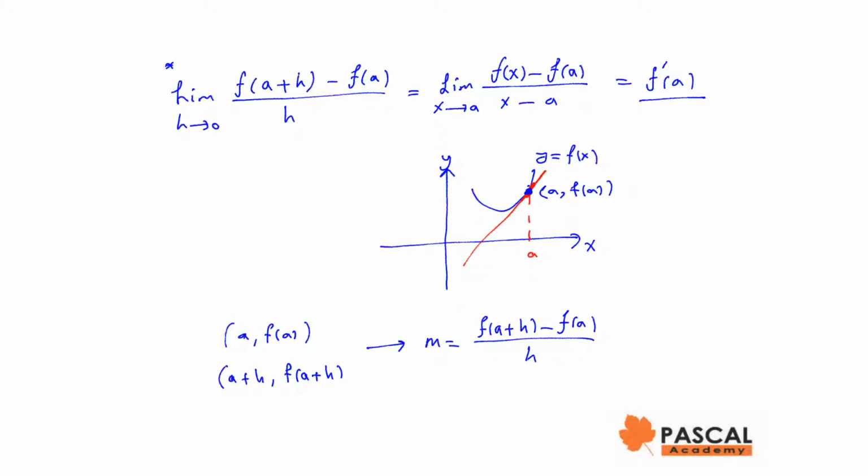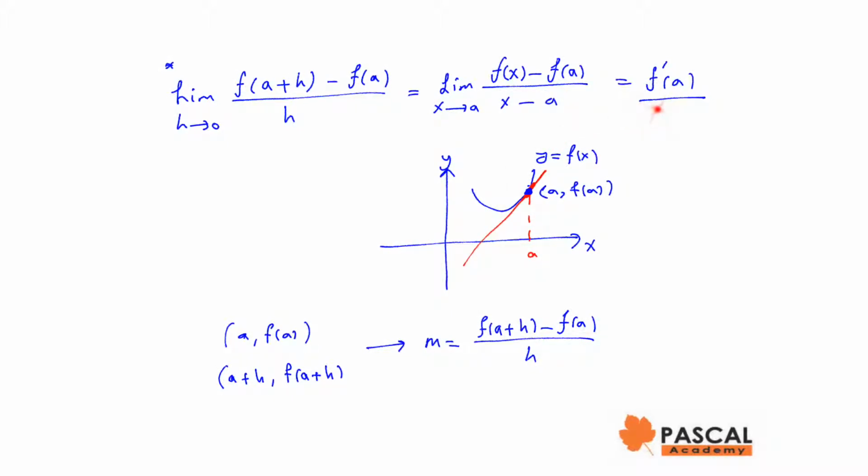When h is small, the secant line is getting close to the tangent line. Therefore, the limit of f of a plus h minus f of a over h as h approaches 0 geometrically is the slope of the tangent line to the graph of y equals f of x at x equals a.